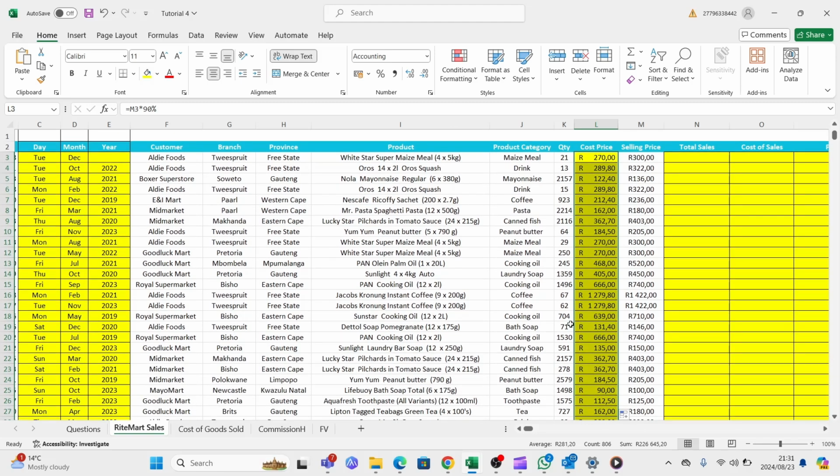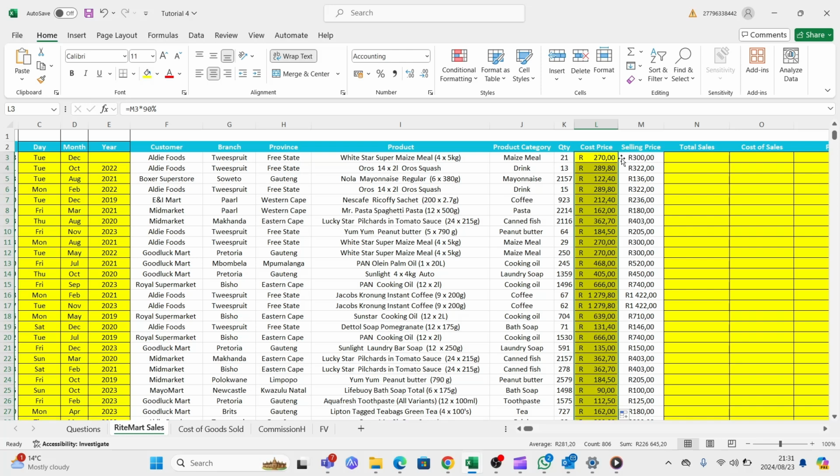So let's go to total sales. Total sales, which is the total amount of revenue generated from selling products or services. So the total sales will be the selling price times the quantity. So this is the selling price and this is the quantity.